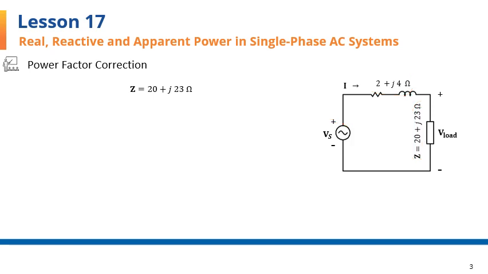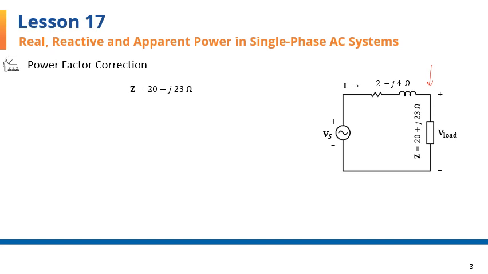Since loads in general can be sensitive to line voltage levels, it is common practice to keep the voltage at the load side at a constant, which is called a nominal voltage, as much as possible, and determine the voltage at the source that is needed to support such a fixed voltage at the location of the load.